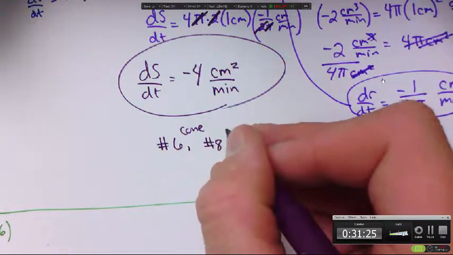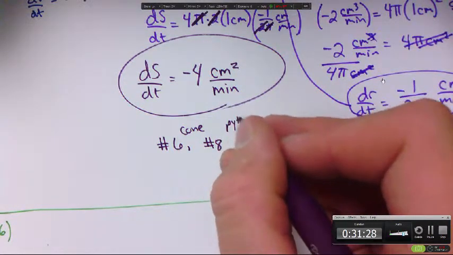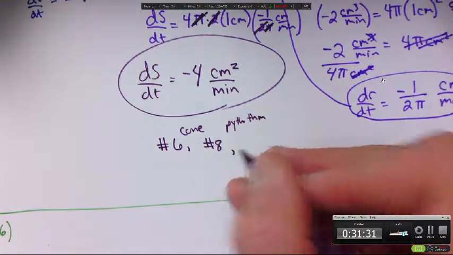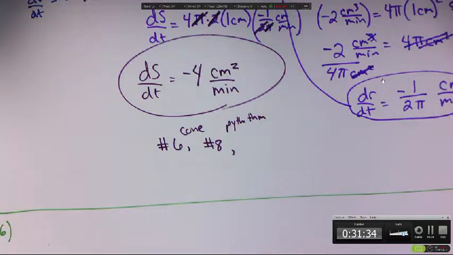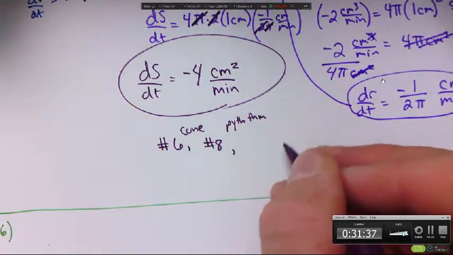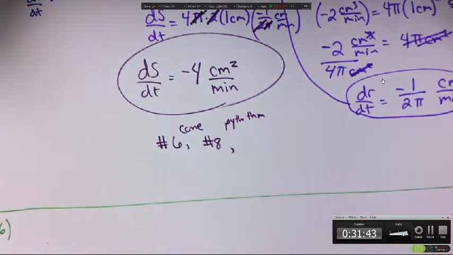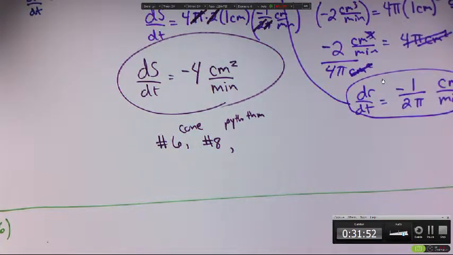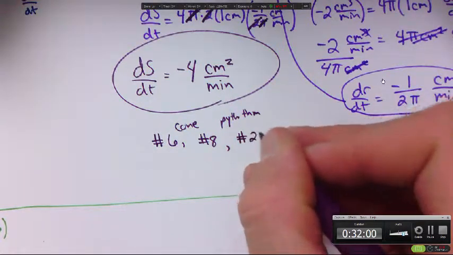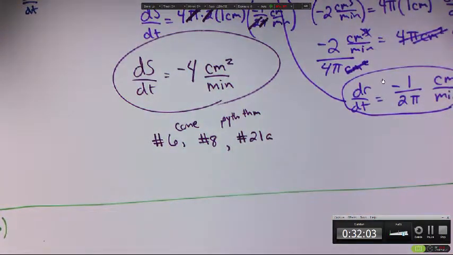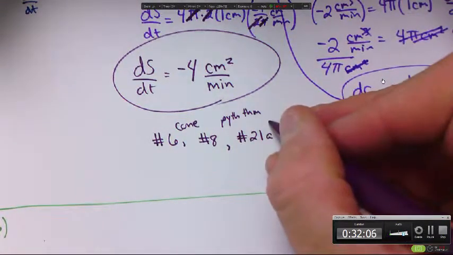Number 8 is a Pythagorean theorem problem. Okay, it's going to be a right triangle. And then number 21A, and this is a proportion problem.